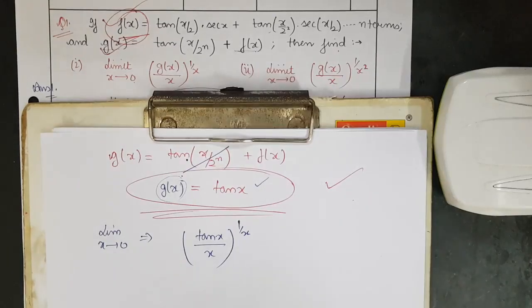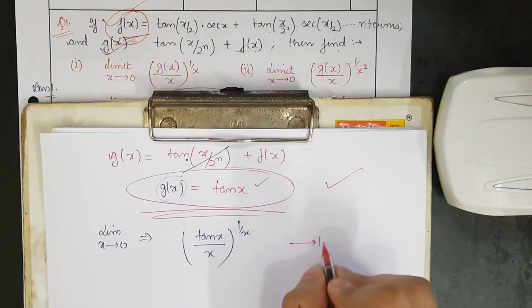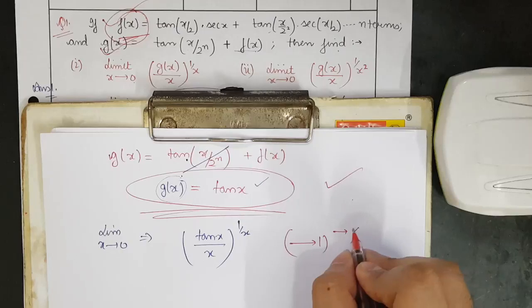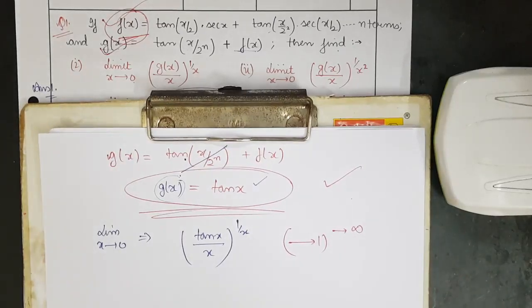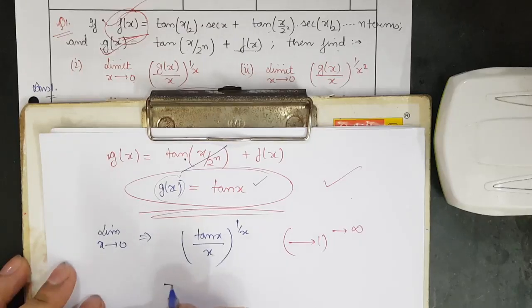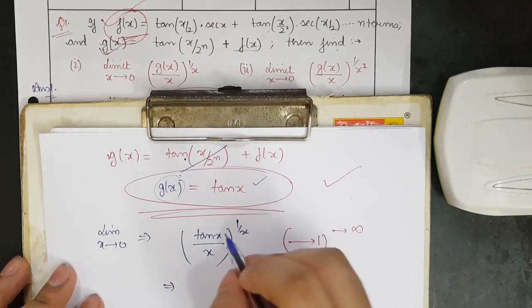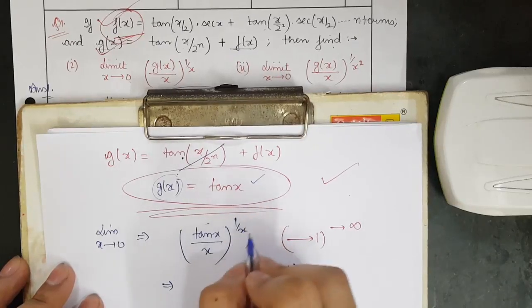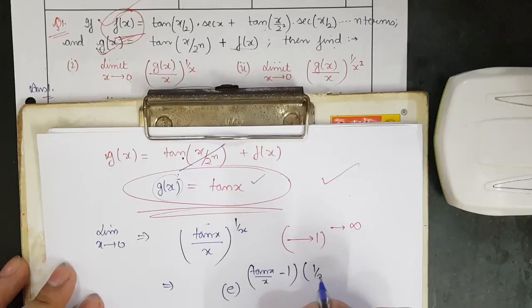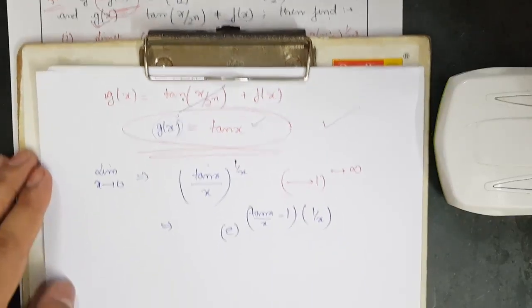So here we have 1 raised to power infinity form, which is a very cliche type of question. It can be resolved into e raised to power (f of x minus 1) into g of x. G of x here is 1 by x. So let us resolve it here.